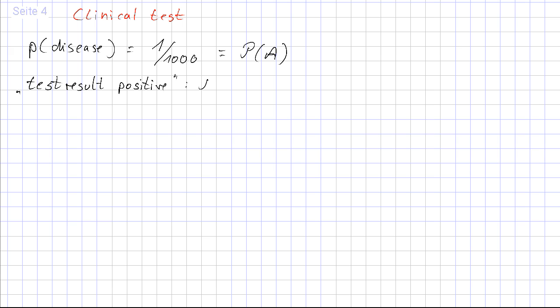We call this B. So in our formalism, the probability that even though somebody is positive, the test returns negative, is the probability B not given A. No, that's wrong.